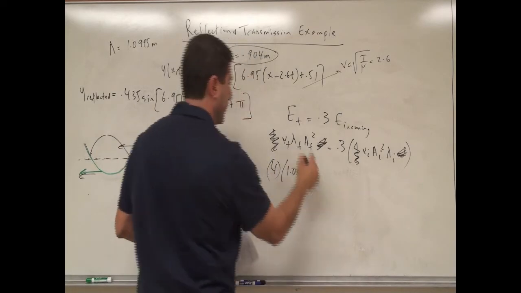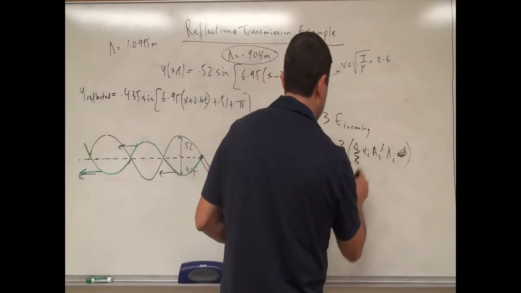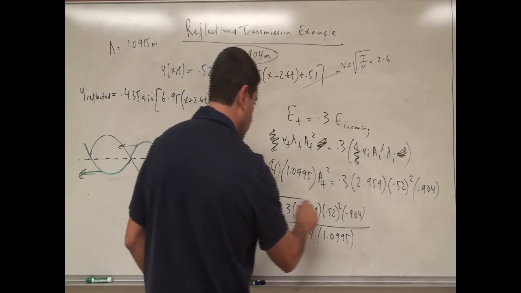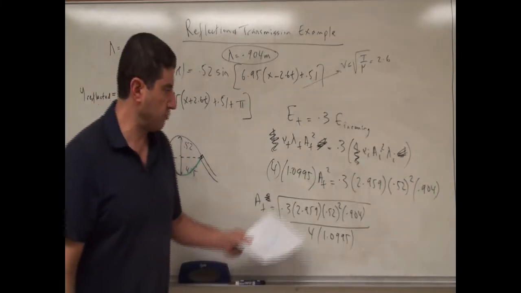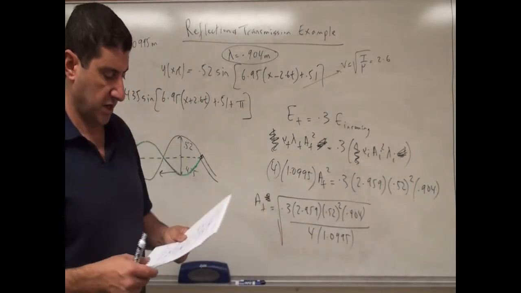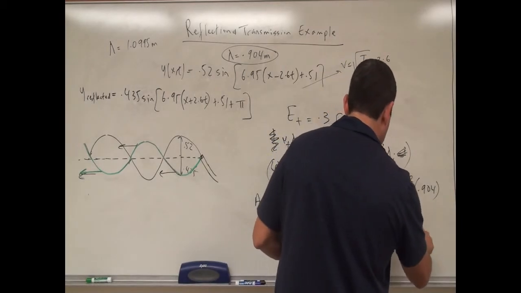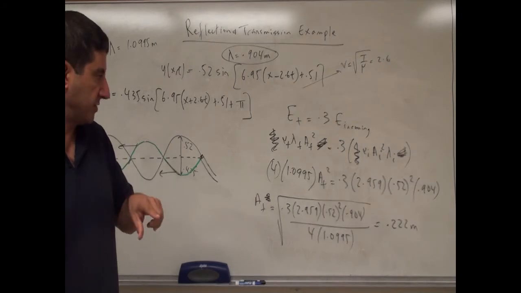A final, we don't know. 0.3. The mu initial is equal to, we'll root this, and then the 0.52 squared can come out of the square root, and then multiply everything, and then we calculate that. And then when we do that, we're going to get 0.222 meters. So the amplitude of the transmitted wave is going to be smaller, quite a bit smaller.